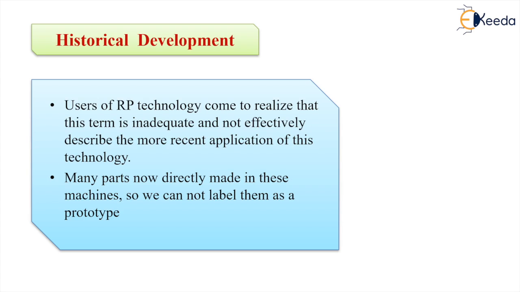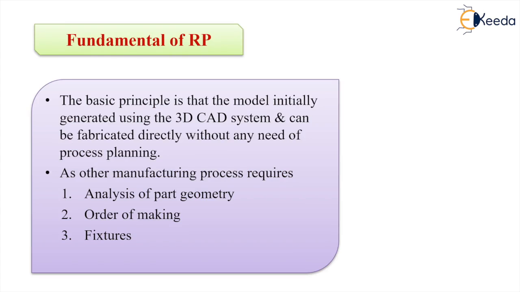Okay, now let us see some fundamental things about rapid prototyping. So here the basic principle is that the model, initially generated using a three-dimensional computer-aided design, that is CAD system, can be made directly without any need of process planning. Now see here, why without any need of process planning?